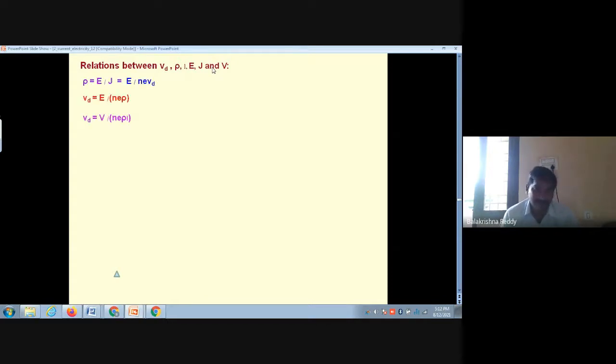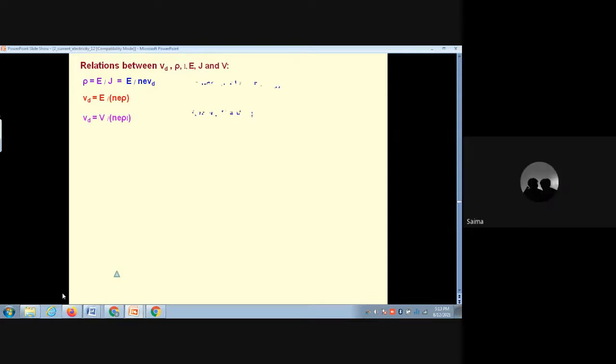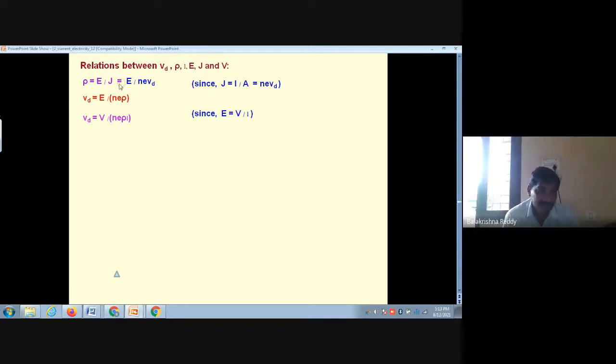You can see here the basic equation: rho equal to E by J equal to E by n e v_d. How do we get this? Rho equal to E by J from the previous formula.